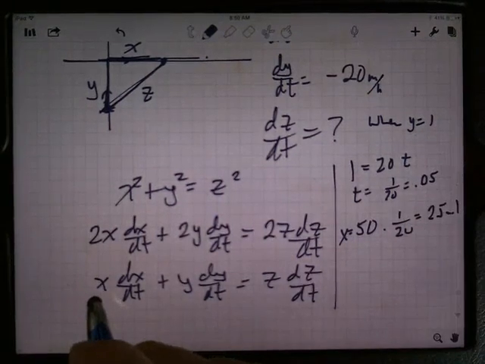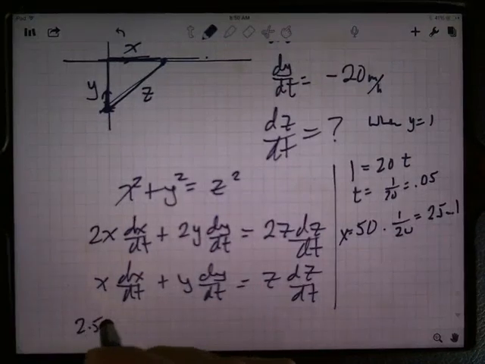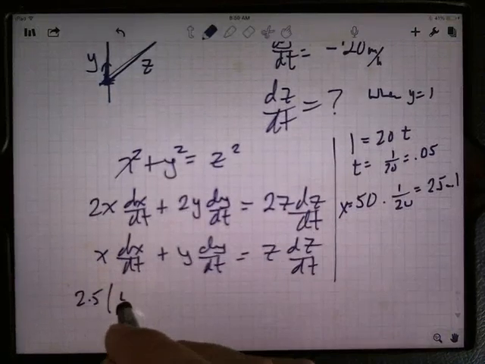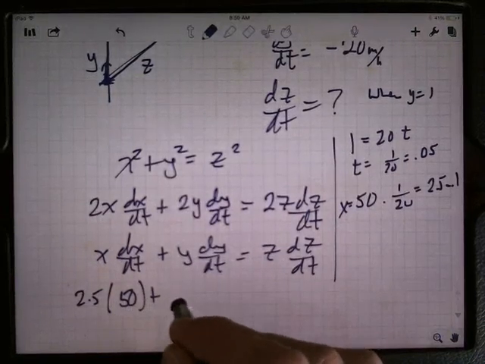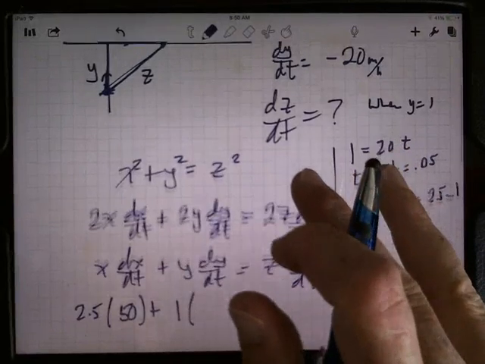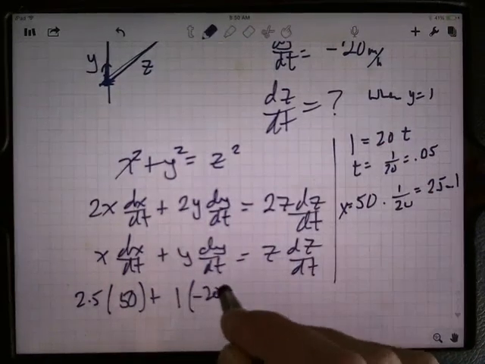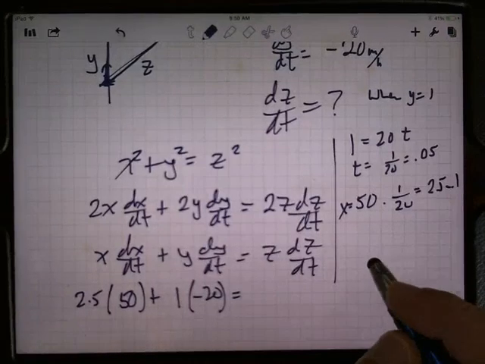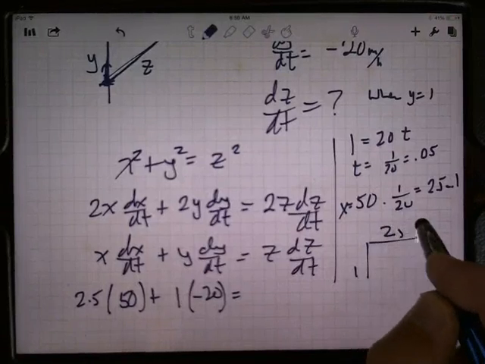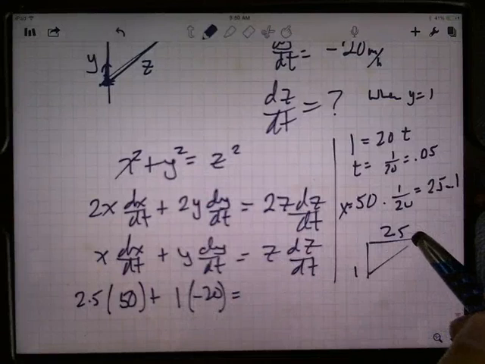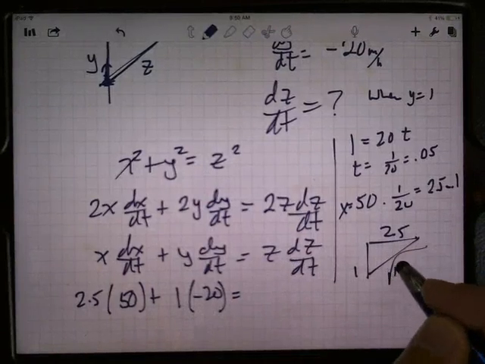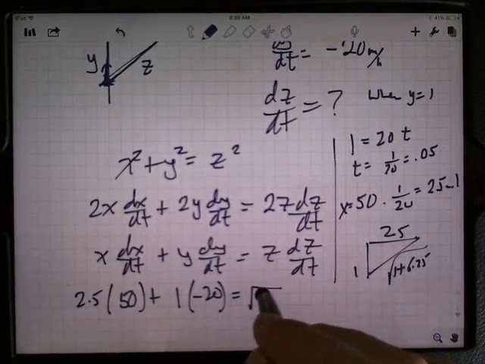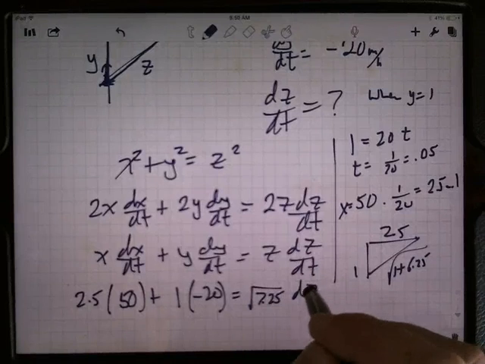So x is 2.5, dx/dt is 50, plus y, which is 1, times dy/dt, which is negative 20, equals z. Do I know what z is? Well, I know this is 1, and this is 2.5, so I'm using this relationship to get that z is the square root of 1 plus 6.25. So z is the square root of 7.25, times dz/dt.